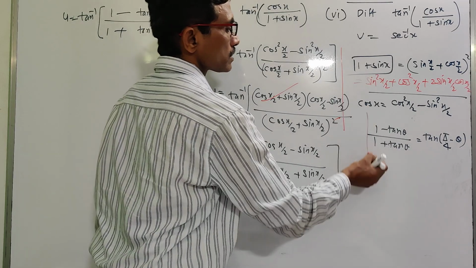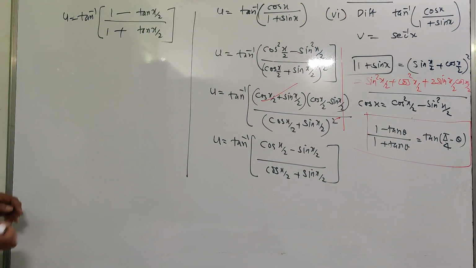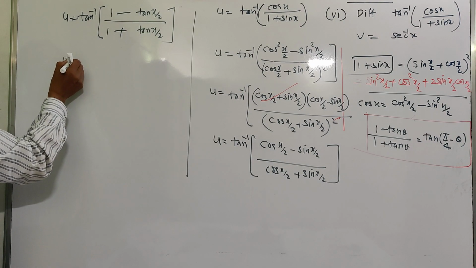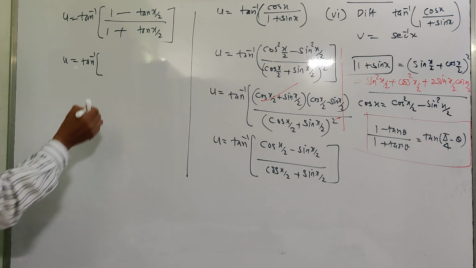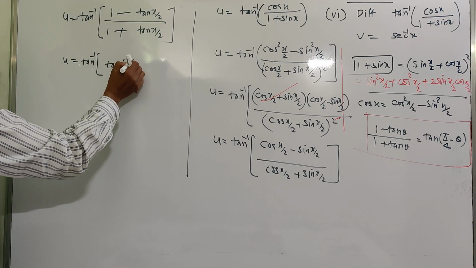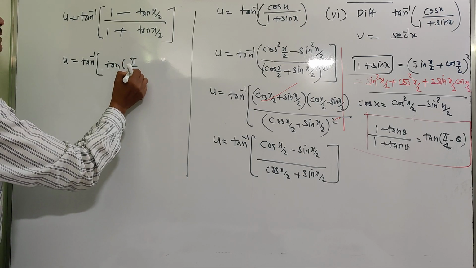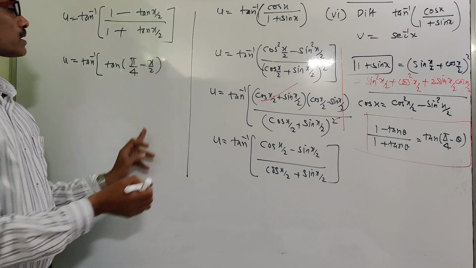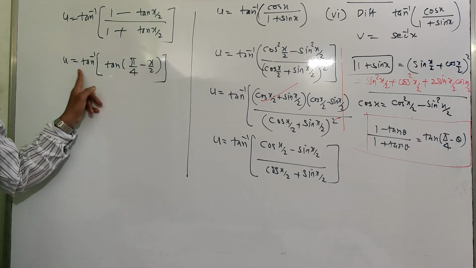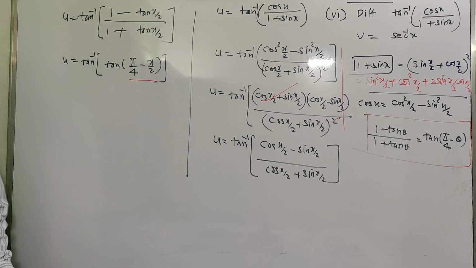So we use this result 1 minus tan theta upon 1 plus tan theta over here. So this will be tan inverse of tan of pi by 4 minus theta, where theta is x by 2 over here. Tan inverse of tan is only this, pi by 4 minus x by 2.